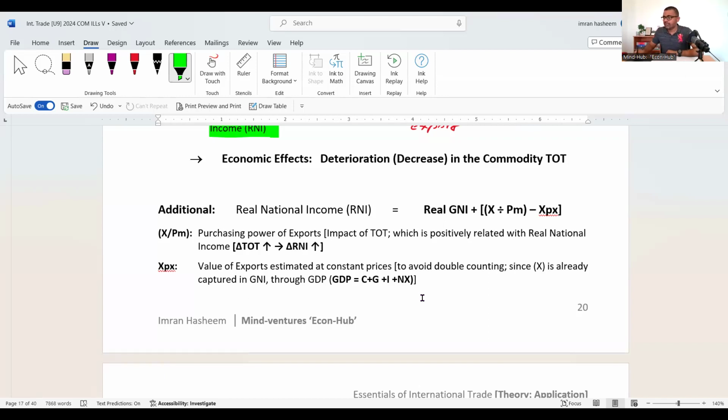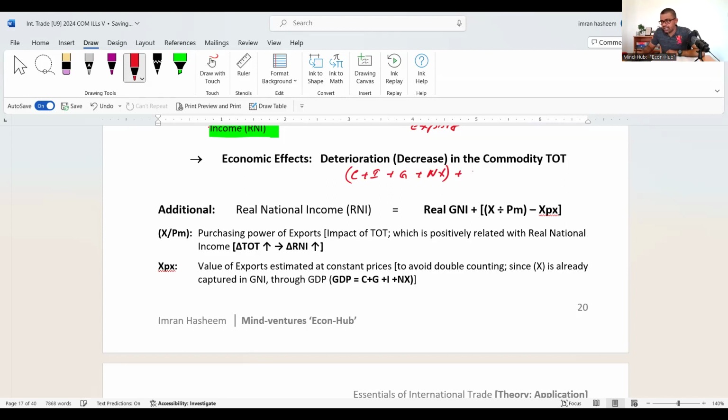I've given a formula. You guys have learned this part. This part is not new. How do you get to this part? Real GNI, basically, you take the nominal GNI. Nominal GNI is basically C plus I plus G plus NX. What is this? This is GDP. Remember, unit 5, GDP.